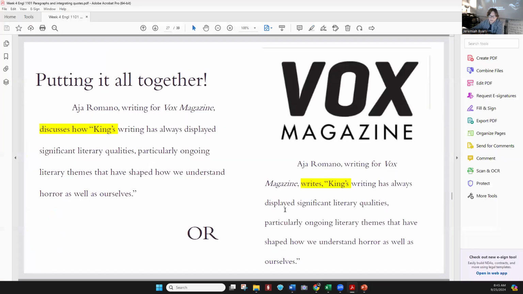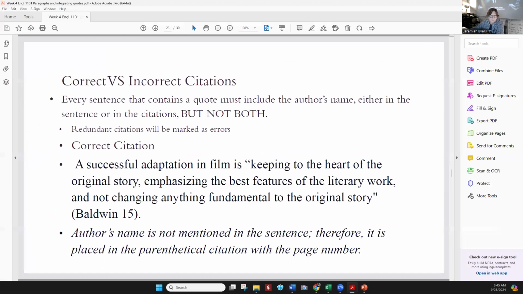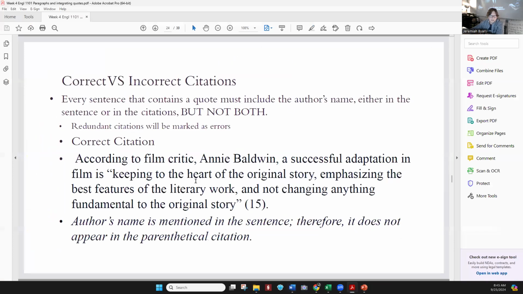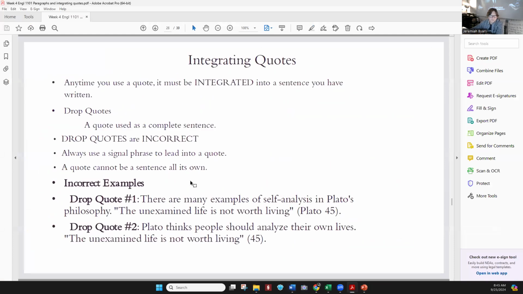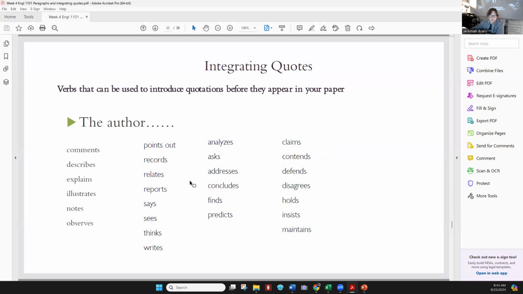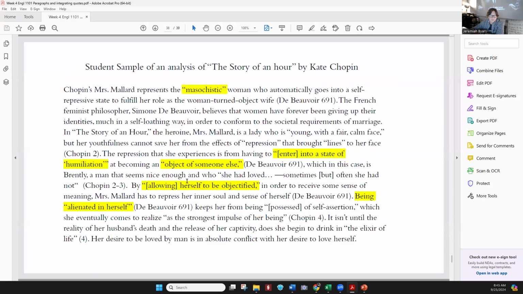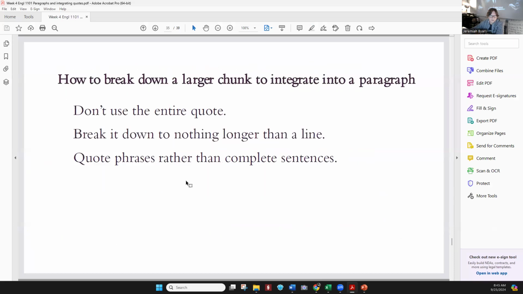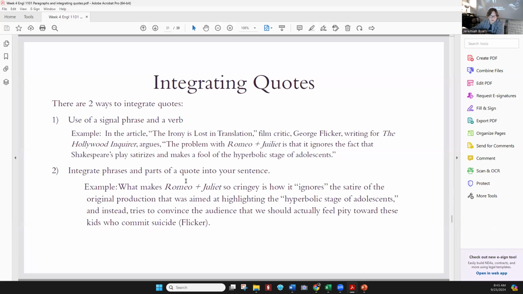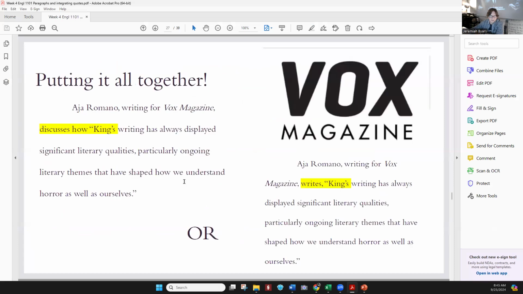That's an error. Because again, in week 4, I discussed integrating quotes, where you don't state the person's name in the parenthetical citation if you state their name in the sentence.